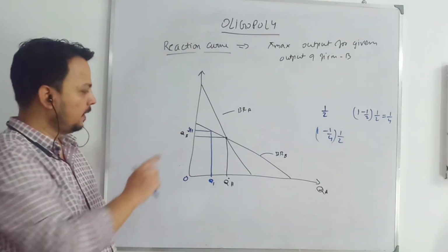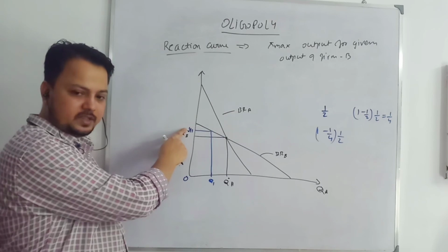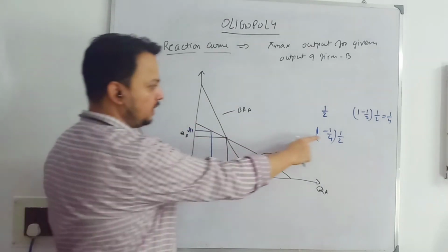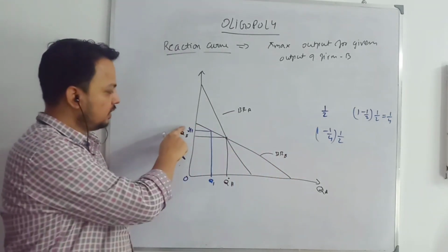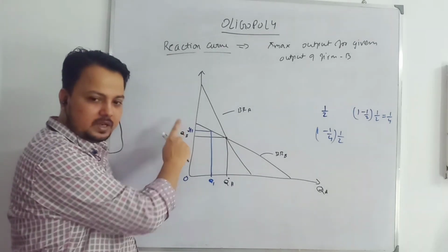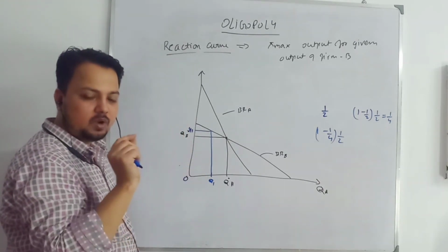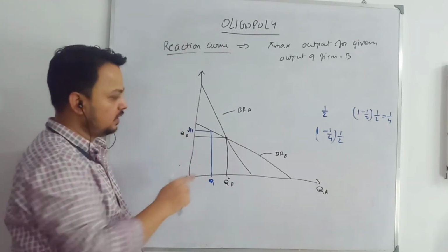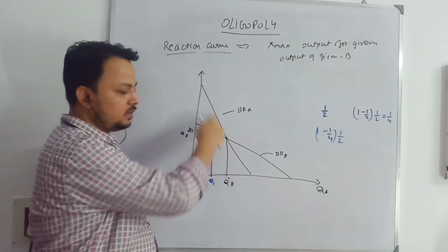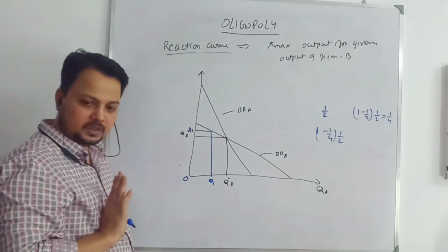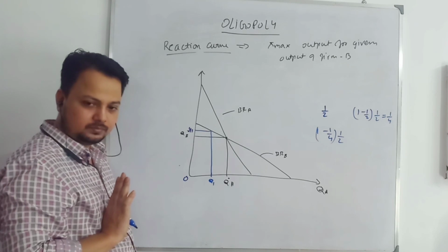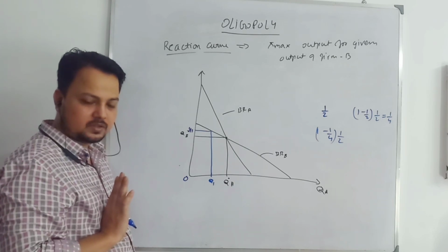So firm A will take this output level as given, say 1/4, whatever be the case, and will decide to produce the output level that will maximize its profit, and we will know that through its response function. Clear?